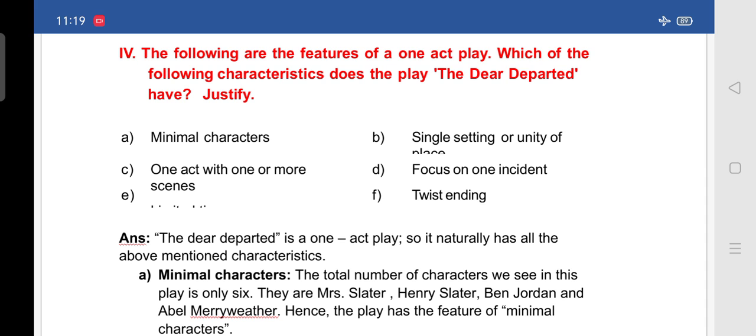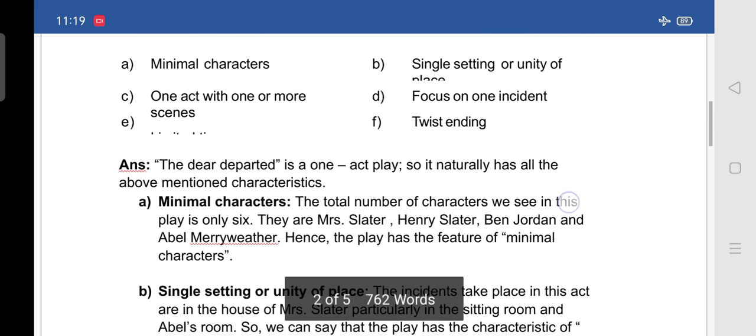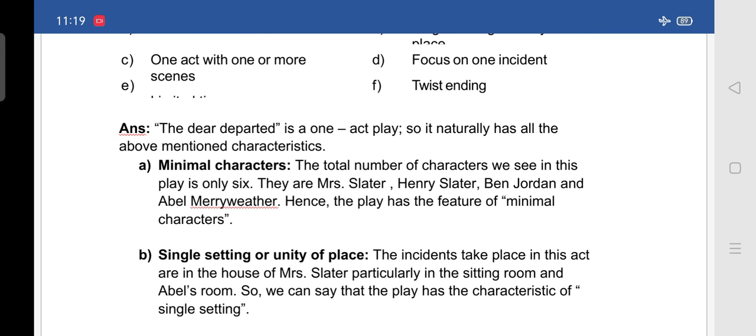So these are some features of a one act play. One by one, we have to justify whether they relate to the characteristics of the play The Dear Departed. So you listen carefully and write them neatly in your notes.